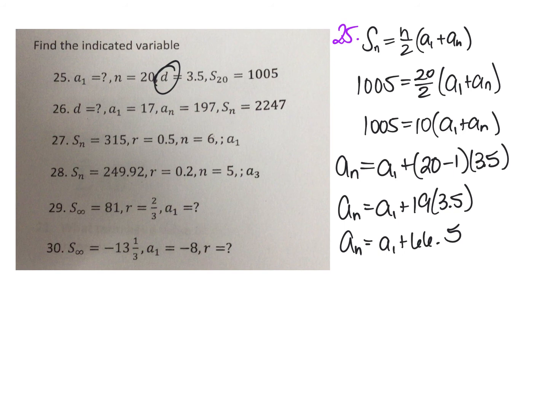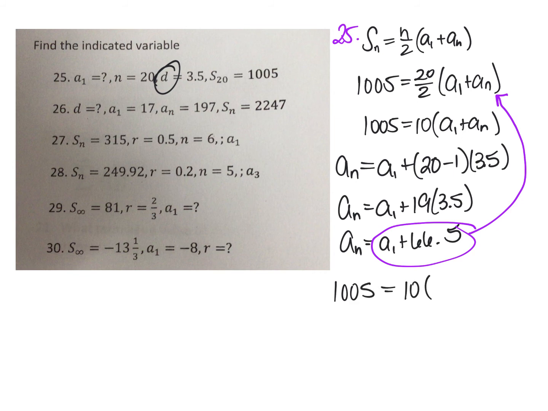3.5 times 19, just to make sure. Now, I can take this and I can plug it in here. This problem will be on your test. It was on the quiz. It's going to be on your test. So make sure you know how to do this problem. Okay, so Sn, obviously different numbers, but 1,005 equals 10 times a1 plus 66.5, and that's 10 times 2a1.